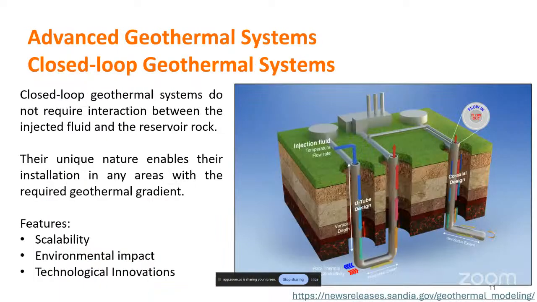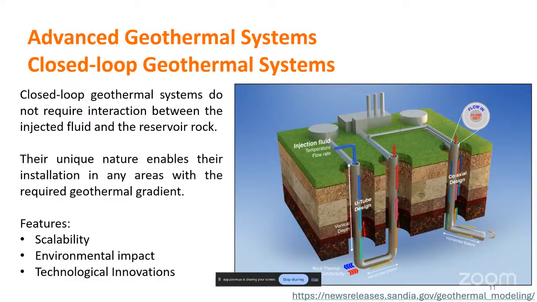And now the final form of it is the advanced geothermal systems. There are two kinds of it. There is the closed loop system, which doesn't need the fluid to go into the formation. So you basically have a set of tubings that runs from the surface.